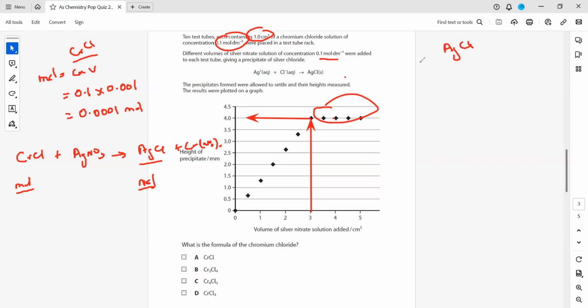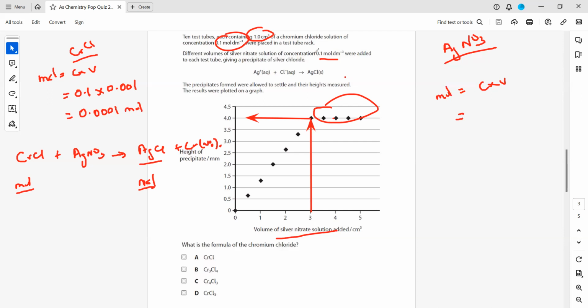How to work out the moles of silver chloride? What is the volume of silver nitrate? Because this is the height of the precipitate, or even you can work out the moles of silver nitrate solution that is added. So what is the volume of silver nitrate needed for a complete reaction? We have the formula, moles is concentration times volume.